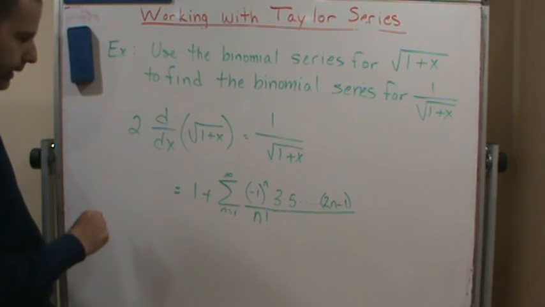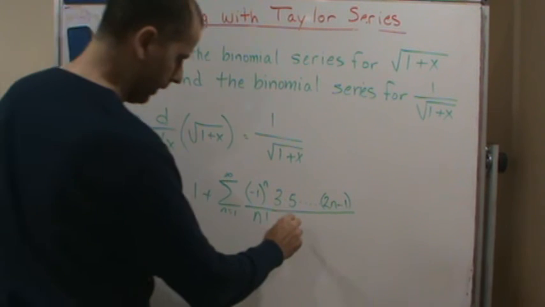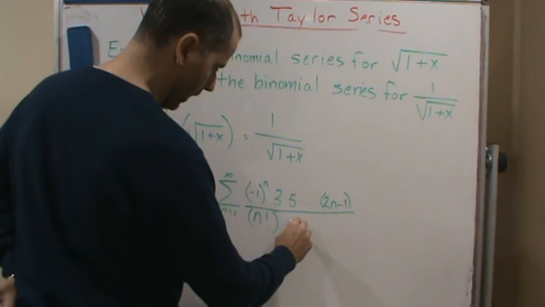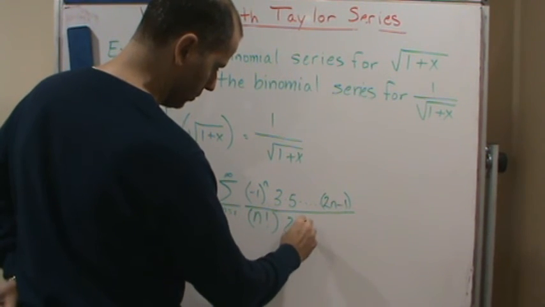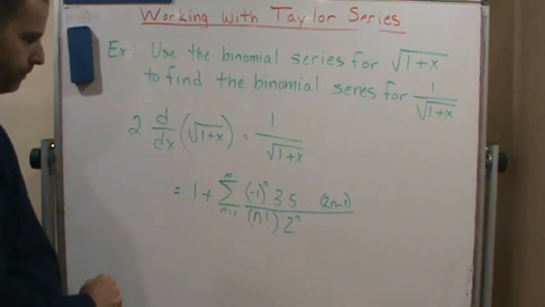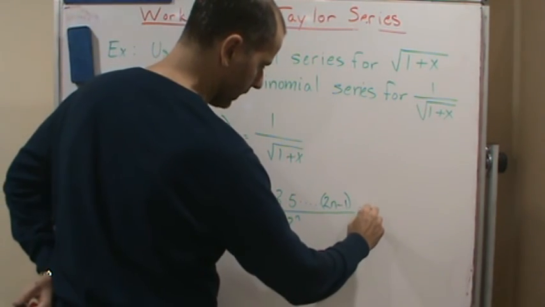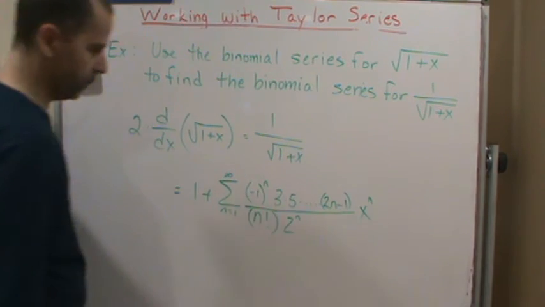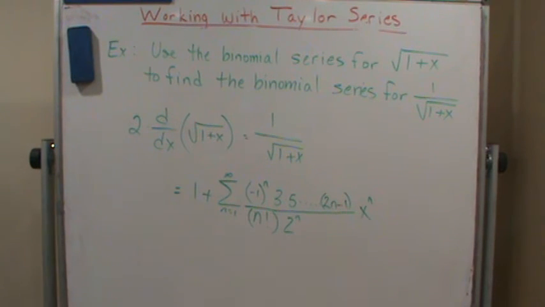Okay, and then on the bottom here, it's going to be 2 to the nth power, right? And then this is going to be times x to the nth power. And that's going to be the new series.